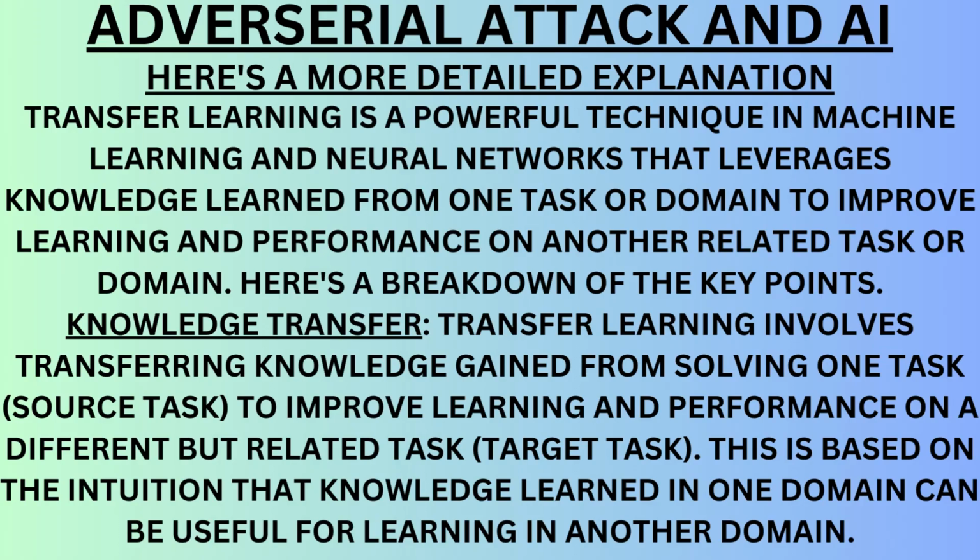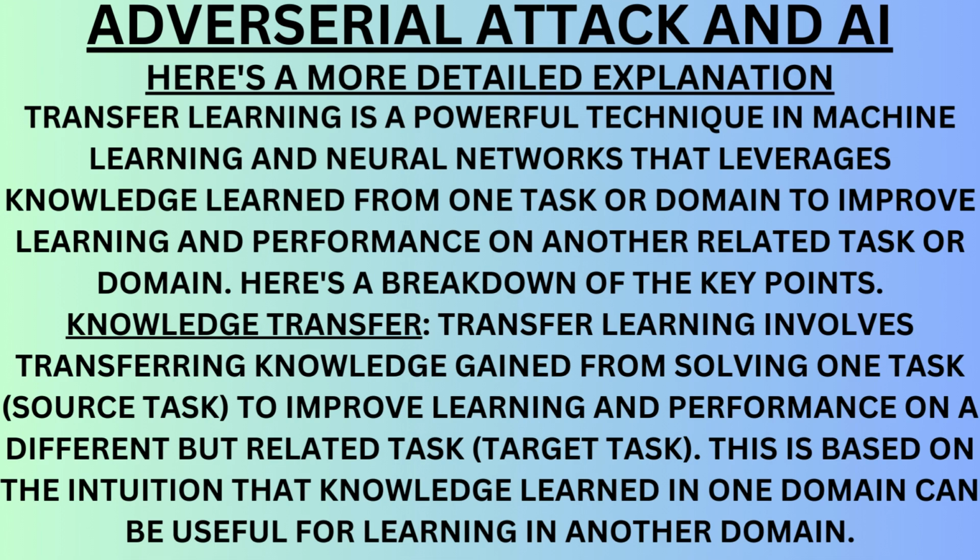Here is a more detailed explanation. Transfer learning is a powerful technique in machine learning and neural networks that leverages knowledge learned from one task or domain to improve learning and performance on another related task or domain. Here is a breakdown of the key points. Knowledge transfer.